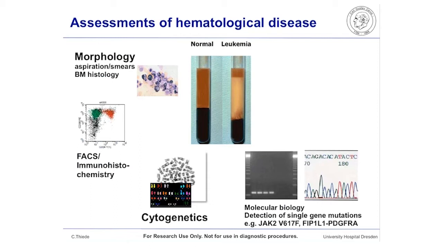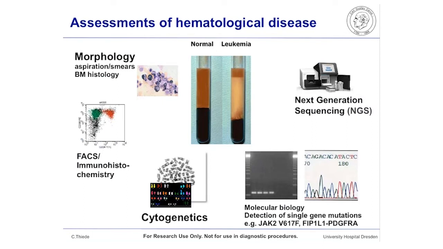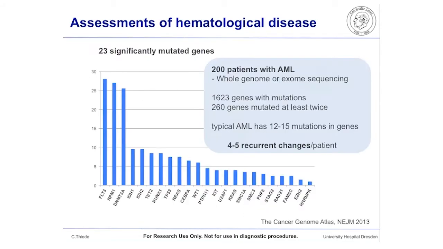But with the growing number of molecular changes diagnosed during the last years, other technologies, especially next-generation sequencing, have become much more important. And today I'm going to talk to you about this.